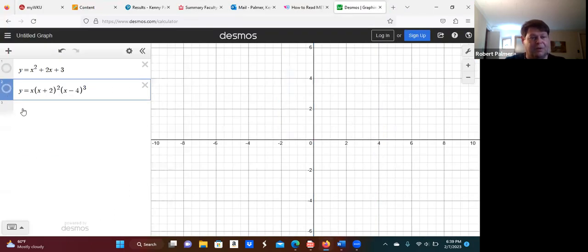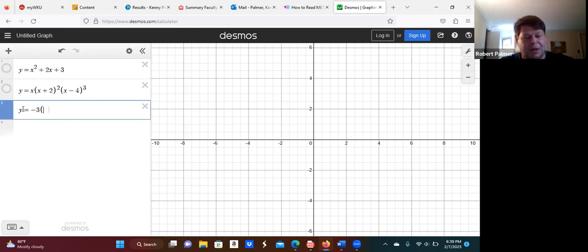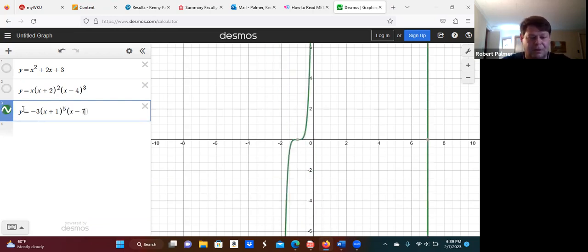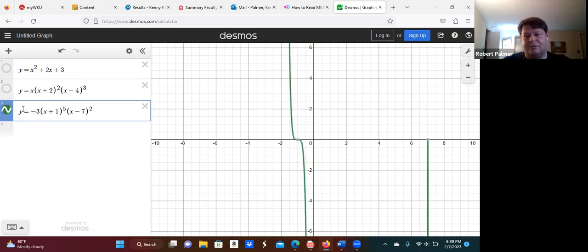Let's turn this one off. So y equals -3 times x plus 1, raised to the 5th, times x minus 7, raised to the 2nd. And just as we said, -1 and 7. Those are what I call repeated roots, and that's what it means by a multiplicity.